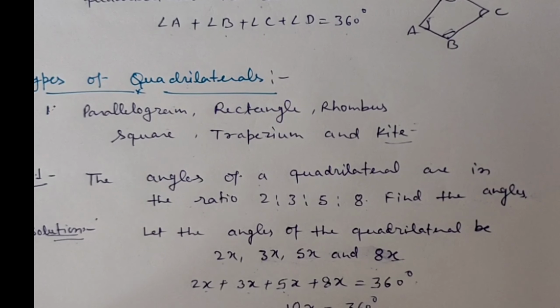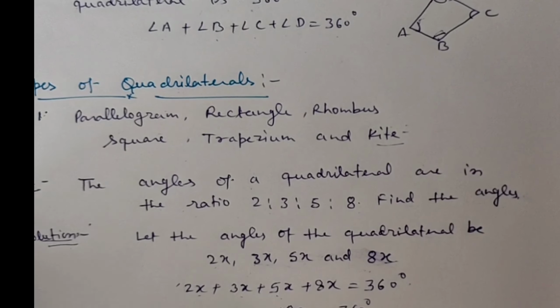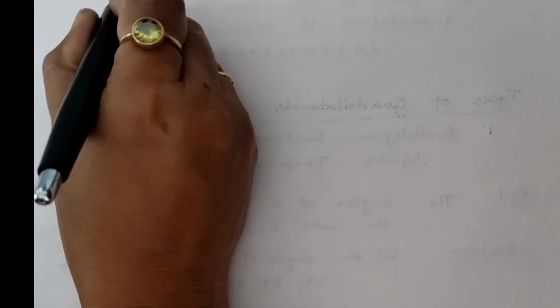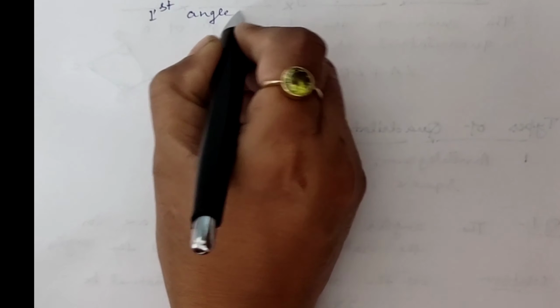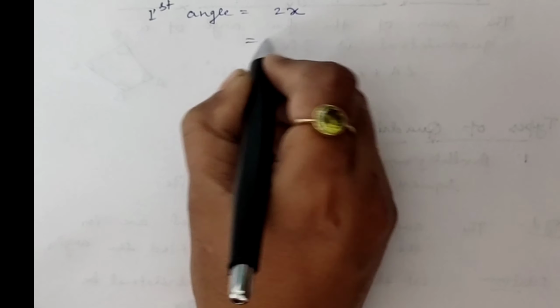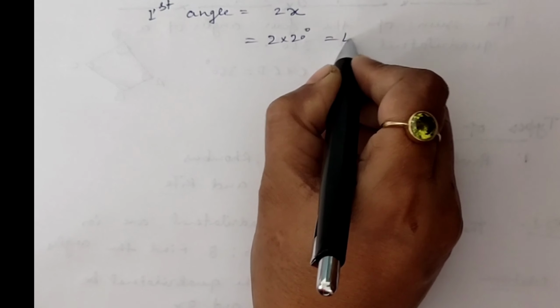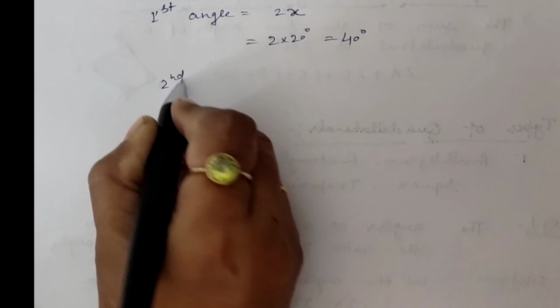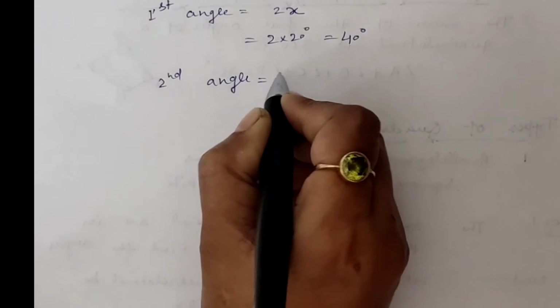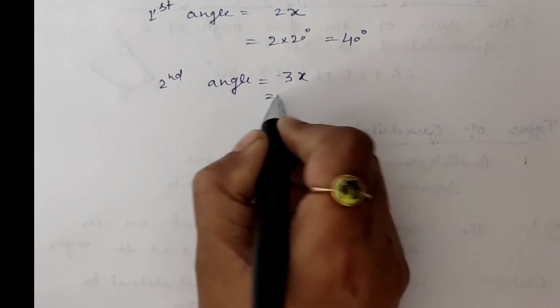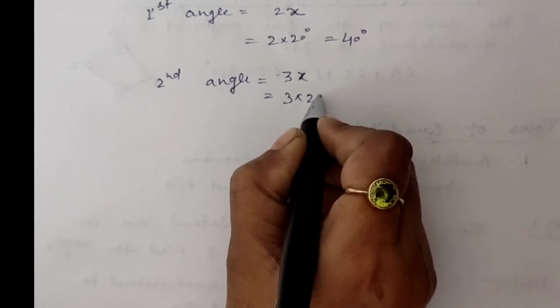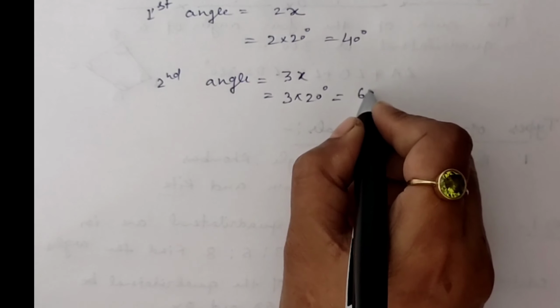So using this value of x, you can find the other angles. Here I am going to explain how to find the angles. First angle will be 2x, means 2 into 20 degrees, that is 40 degrees. Second angle is 3x, means 3 into 20 degrees is equal to 60 degrees.